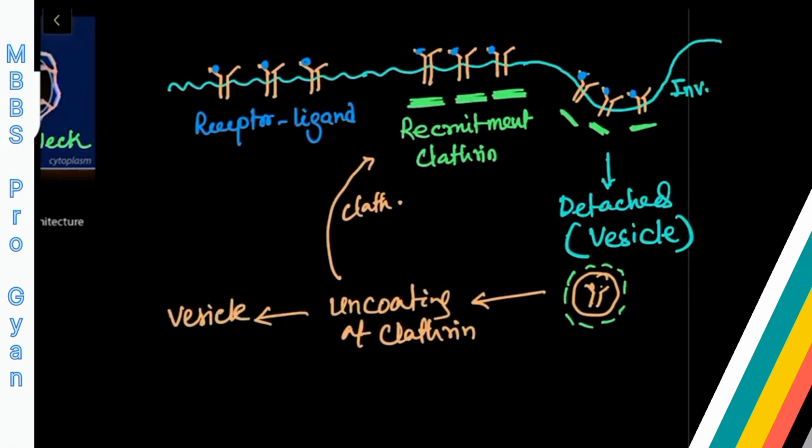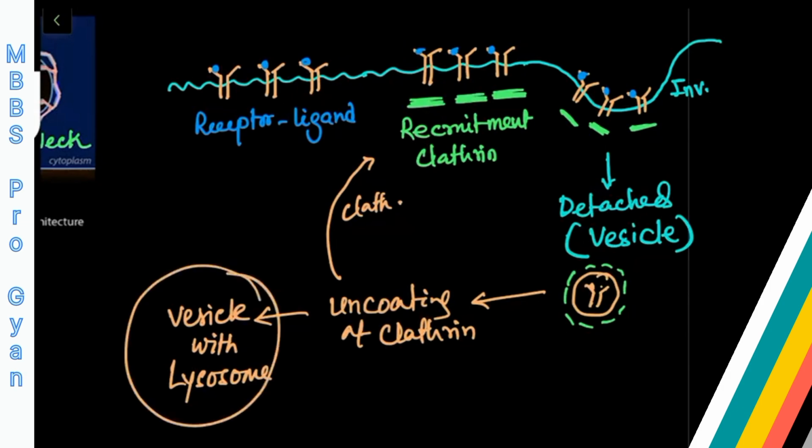The vesicle will fuse with a lysosome, and as all of you know, lysosomal enzymes will cause degradation of this receptor, and this way the down regulation of the receptor is occurring.